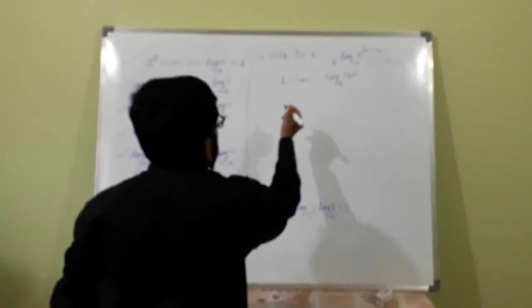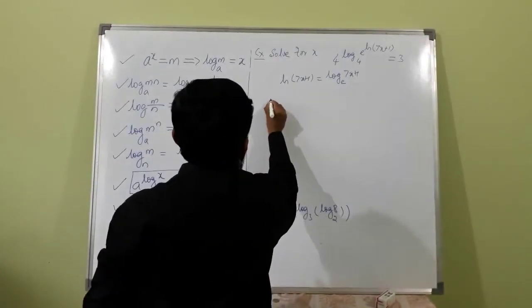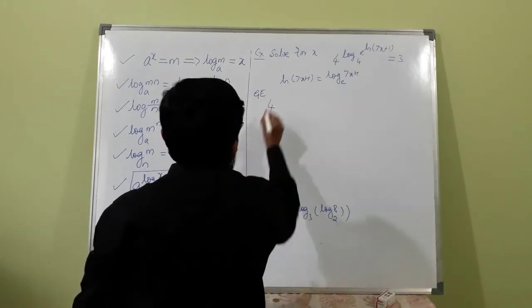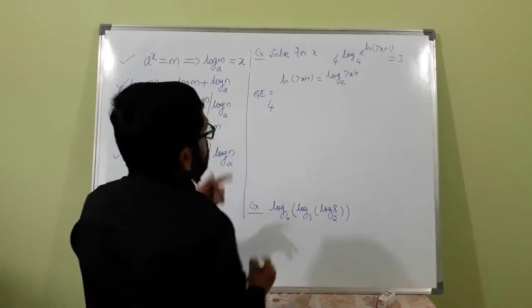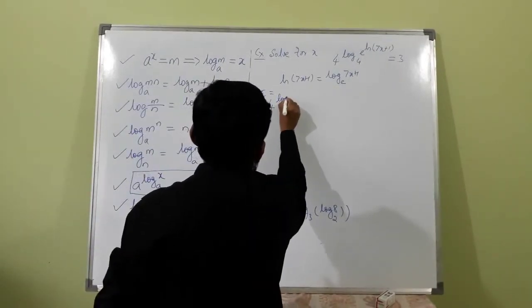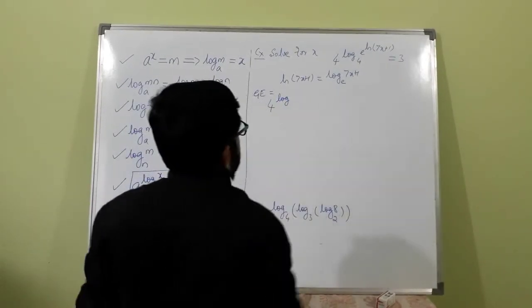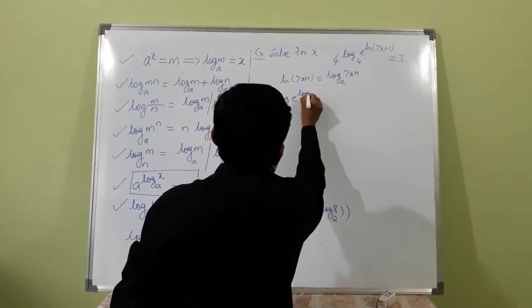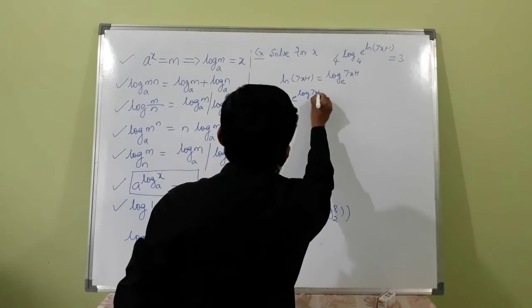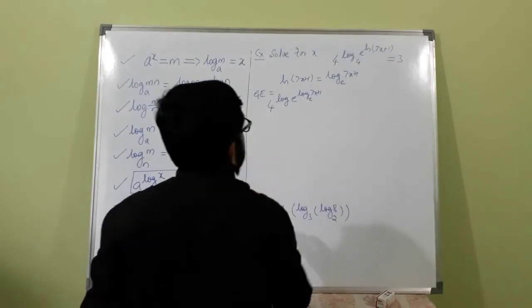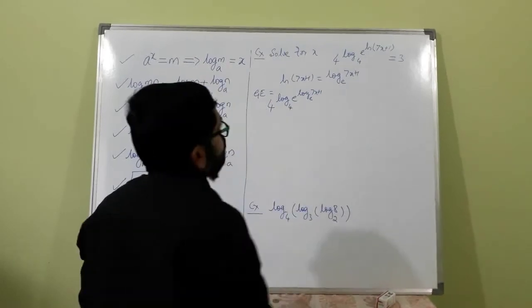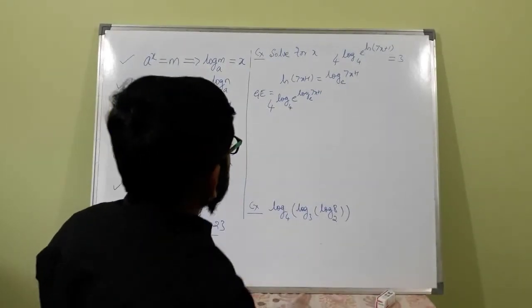Okay, now the given expression becomes 4 raised to log e raised to log of 7x plus 1 to the base e, to the base 4, isn't it?